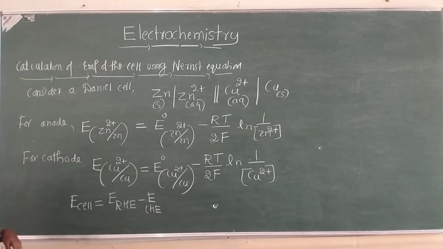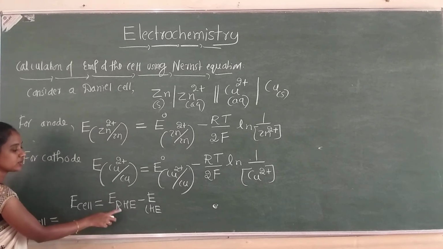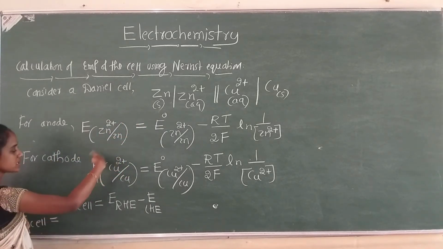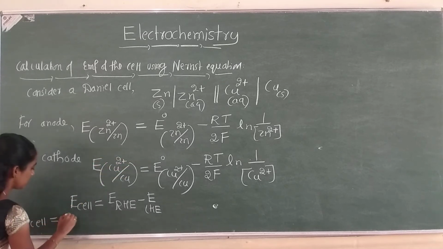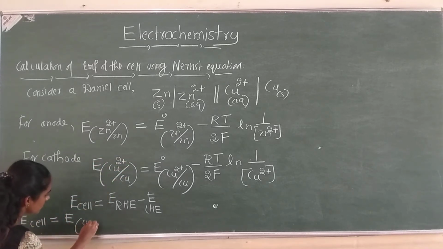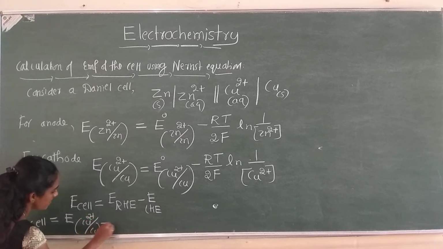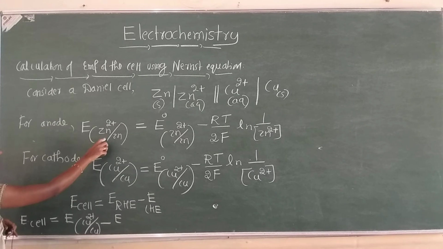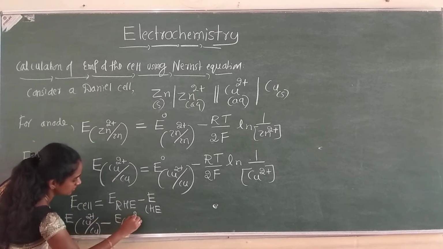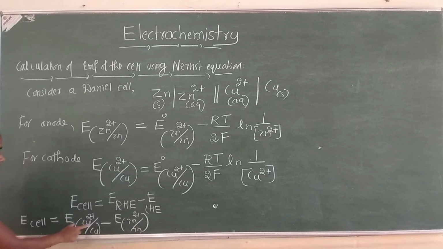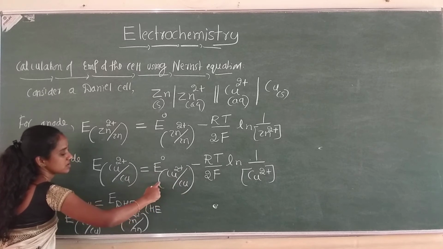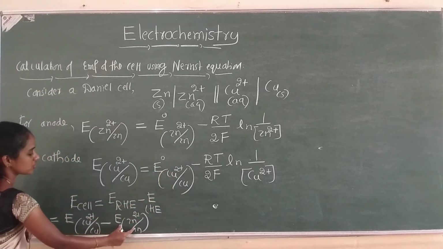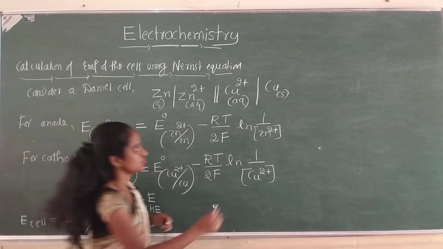Let us substitute: the right hand electrode is the copper electrode, minus the left hand electrode, the anode, that is the zinc electrode. Now we can substitute the electrode potential of the copper electrode, and the electrode potential of the zinc electrode. Let us substitute.